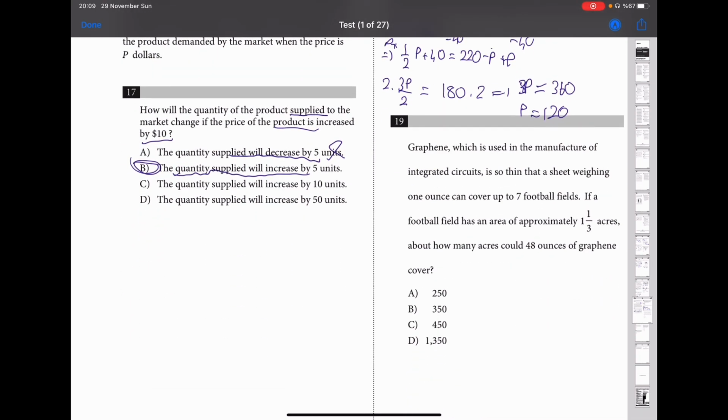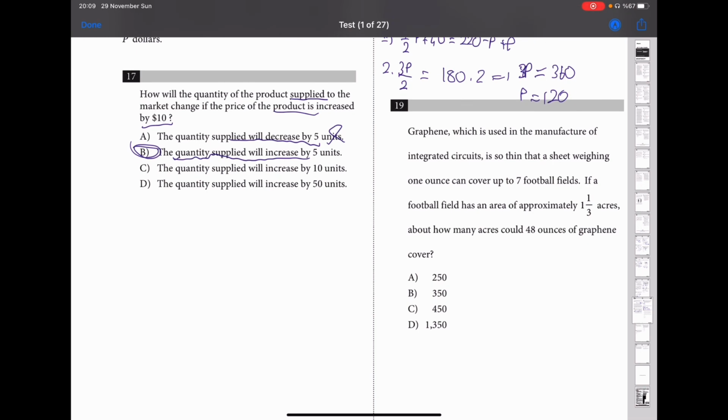Question 19. Graphene, which is used in the manufacture of integrated circuits, is so thin that a sheet weighing 1 ounce can cover up to 7 football fields. If a football field has an area of approximately 1 1/3 acres, about how many acres could 48 ounces of graphene cover?